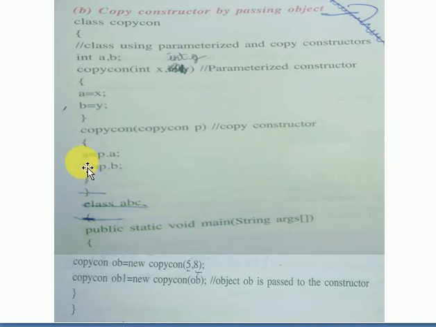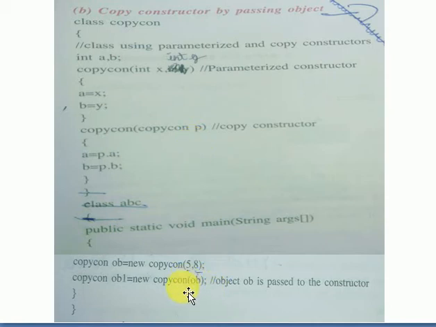So ob1's a will get ob's a, and ob1's b will get ob's b. If we had a display function, we would display the values of a and b. But make a note, here an object is being passed. That's what we can make out here. So, this is the concept of the copy constructor.